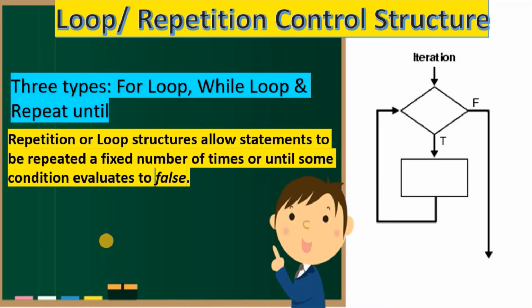And again, these are used to allow for statements to be repeated a fixed number of times, or a number of times that we're not clear as to what the final figure or total count would be. In a case where it is fixed, the number of times would be given.